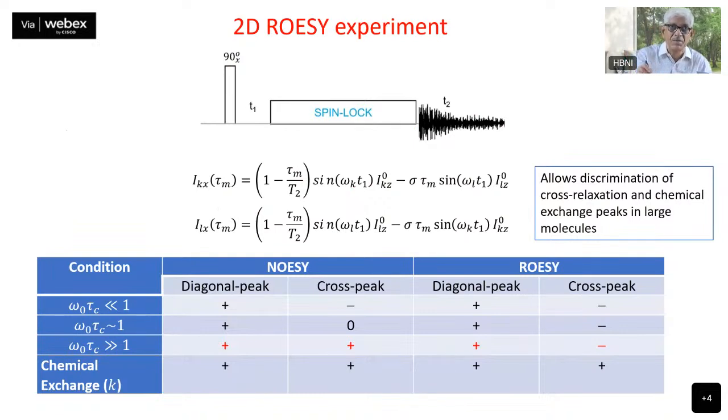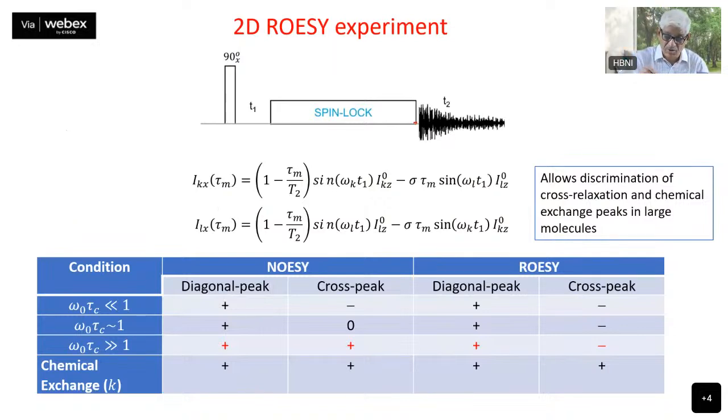I think now you understand the pulse sequences very well: 90, t1, spin lock, t2. What happens at the end of t1 is what is written here, I_kx tau m, before the t2 detection.